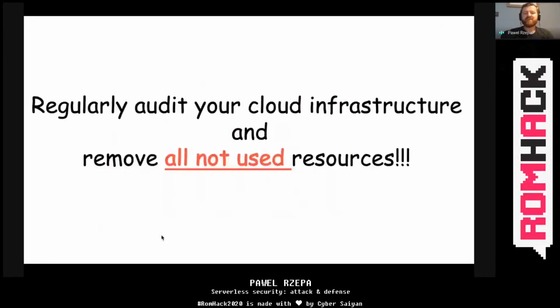Sometimes it is an awesome attack vector for entering your cloud, because it is exposed by API gateway endpoints or other resources. So always remember to remove all unused resources.